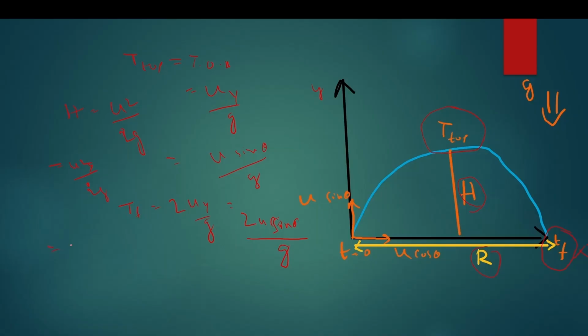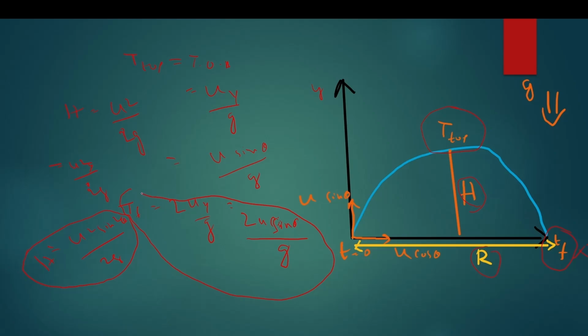Now uy square equal to u square sin square theta, so h equal to u square sin square theta upon 2g. So this is the maximum height that the projectile motion is reaching. The total time of flight is Tf equal to 2 times u sin theta upon g.